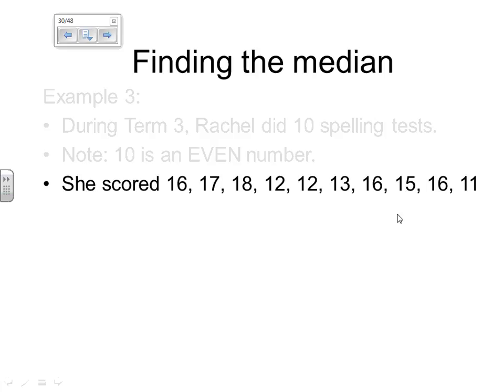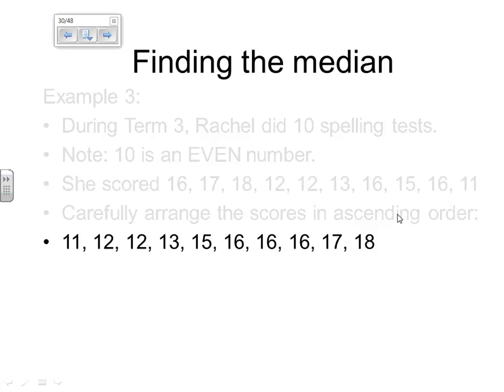So, next is our Rachel. She's done 10 now. 10's an even number. So that means we're going to end up with, here's our scores. Let's go through, cross them out. We end up with 2 in the middle.